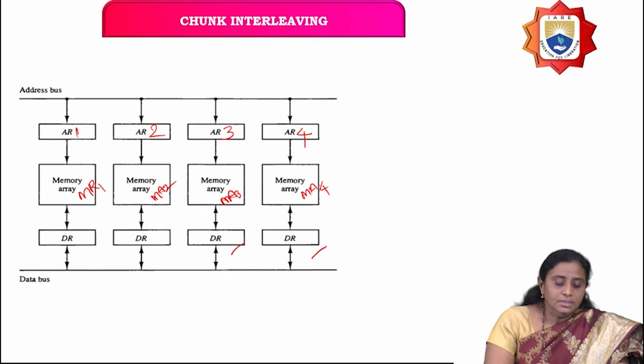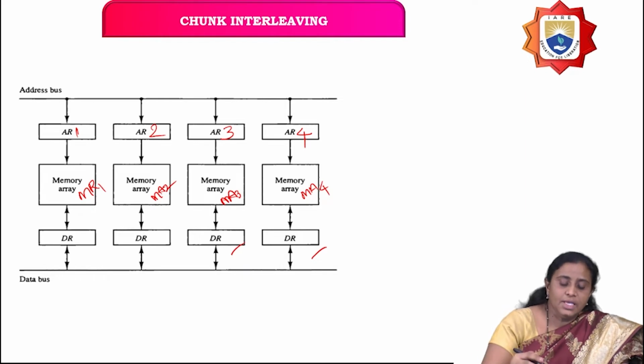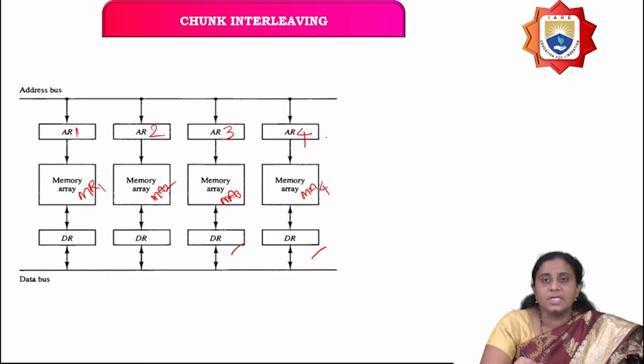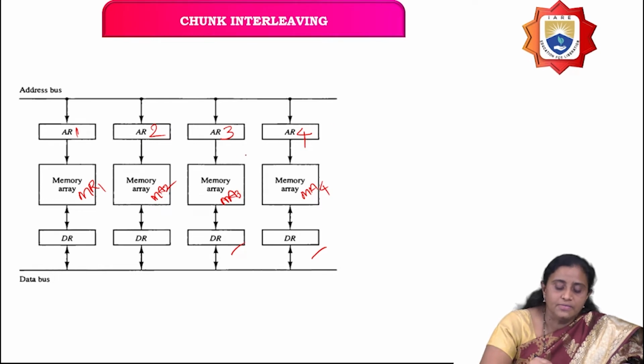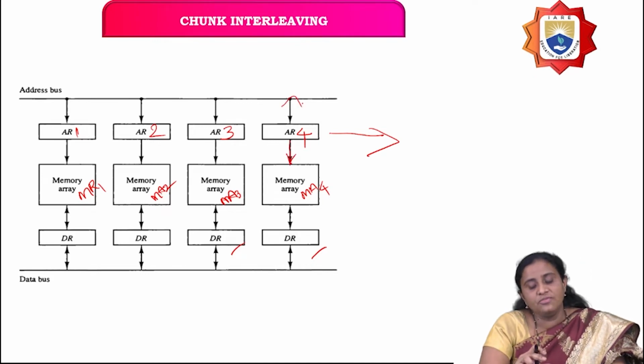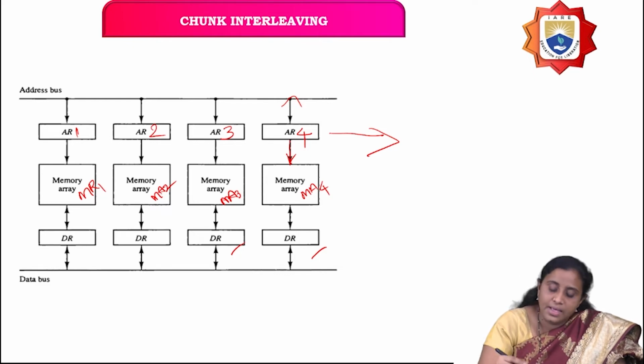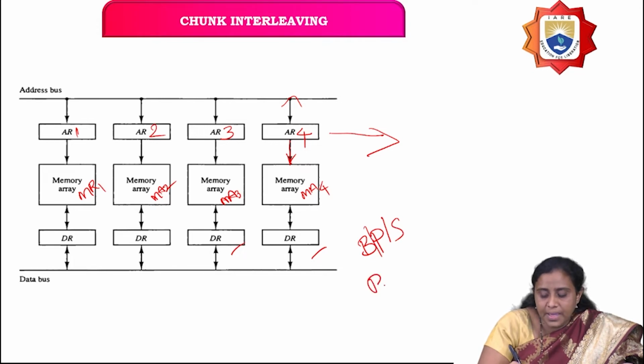So here, chunk interleaving means that if the address bus is starting, it needs to wait until these 4 buses reach the destination. After that, there will be a gap, and there will be one time slot for the bandwidth of passing the data, measured in bytes per second, BPS.